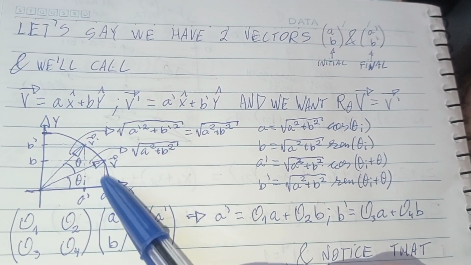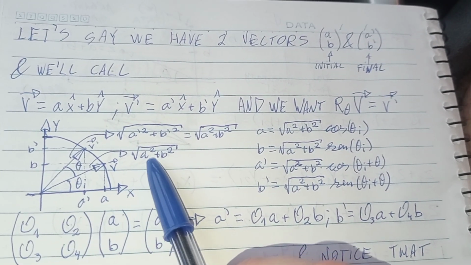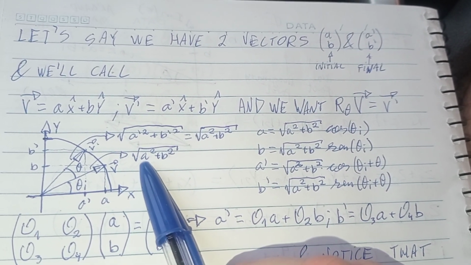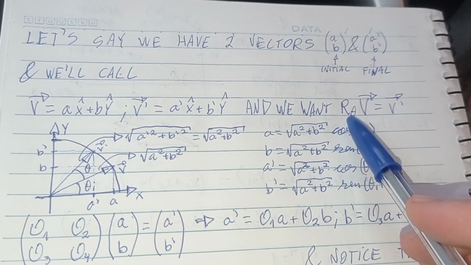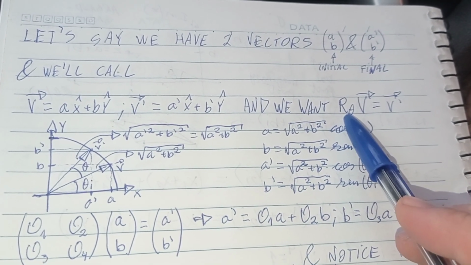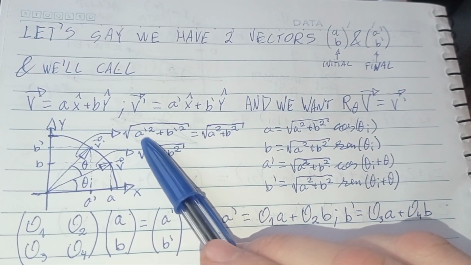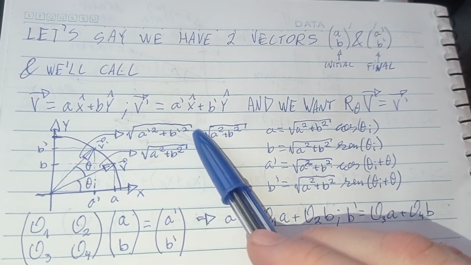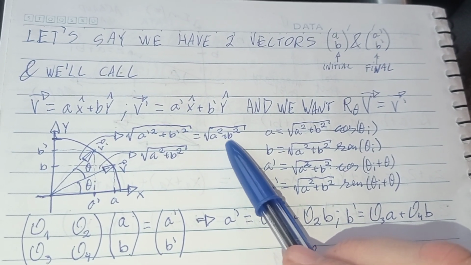And the size of this vector V is the square root of a square plus b square, and we want our rotation to preserve the size of vectors, so that the square root of a prime square plus b prime square is going to be the square root of a square plus b square.